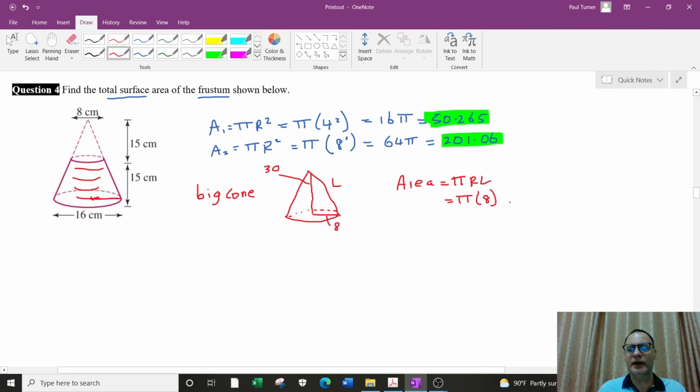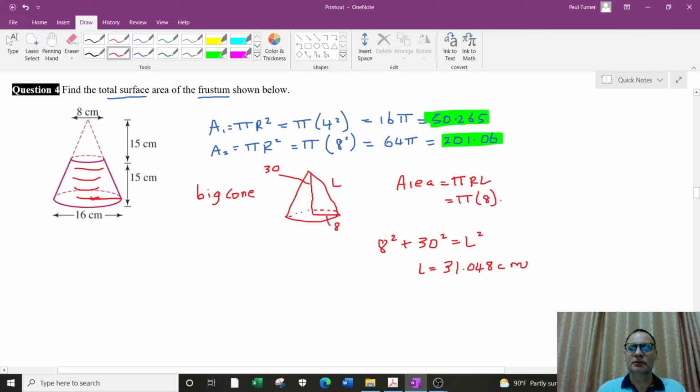But now you need to find L, which goes here. So from Pythagoras, 8 squared plus the height, 30 squared, is equal to L squared. So by using your calculator, L will be equal to 31.048. That's centimetre.